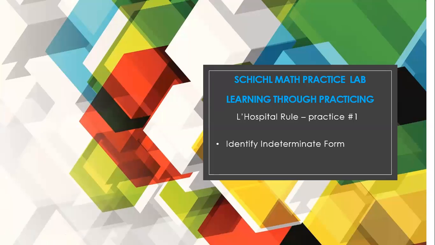So we're going to start a new unit here. And in this unit, we're going to talk all about L'Hopital's rule. The first practice, before we even apply L'Hopital's rule, is to focus on identifying which form is indeterminate and which form you can determine by just taking the limits.